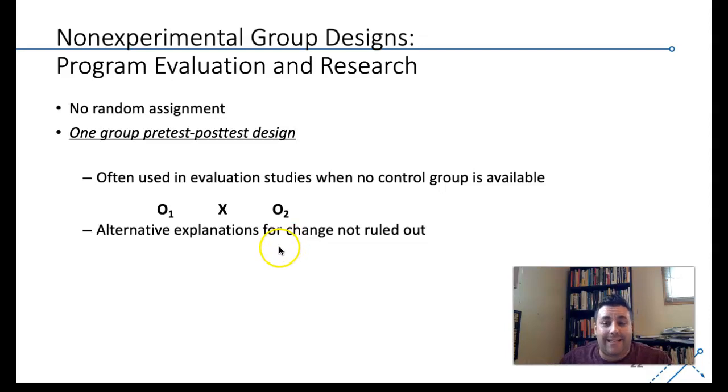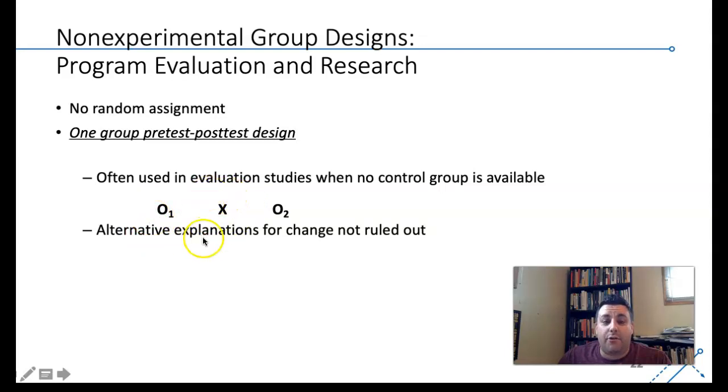Hypothetically, we didn't, but we could have used this design in our class. If I had given a test of social work research knowledge during the first week of class, that would be one way to measure students' knowledge of social work research.